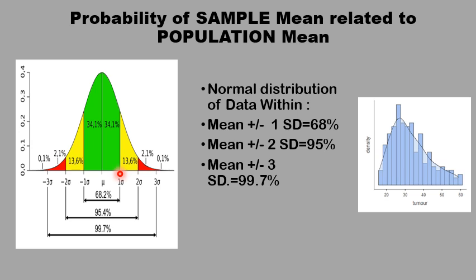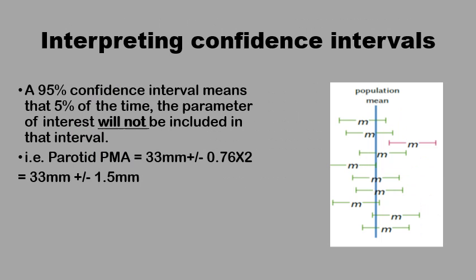So the same concept is applied to the population, but using standard errors rather than the standard deviation that we have used in the sample. So what does that actually mean?